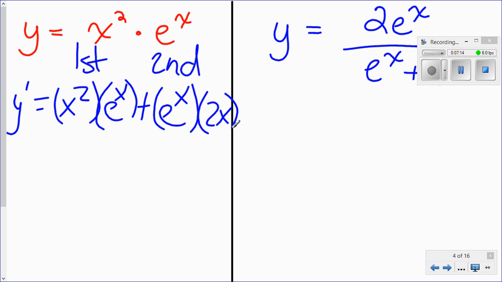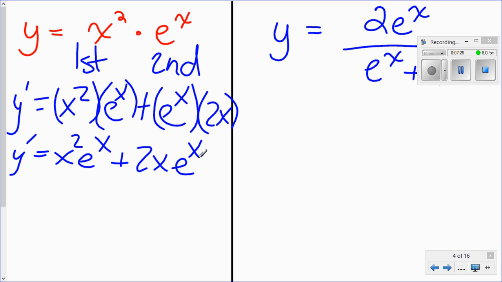Just dropping some of the parentheses, this is what we have. We have x squared e to the x plus 2x e to the x. Now remember, for us, simplified form is factored form. So I'm noticing that out of each term, we could factor out an x, and we can also factor out an e to the x.